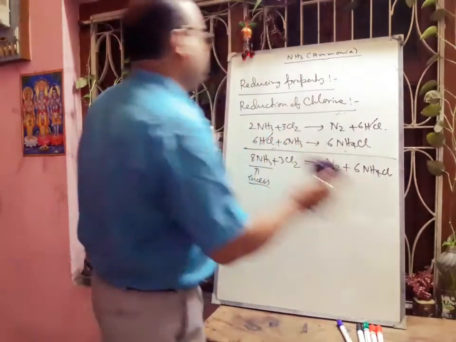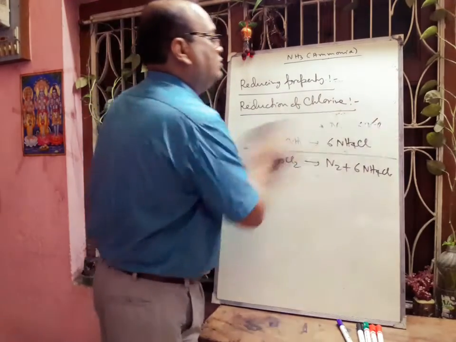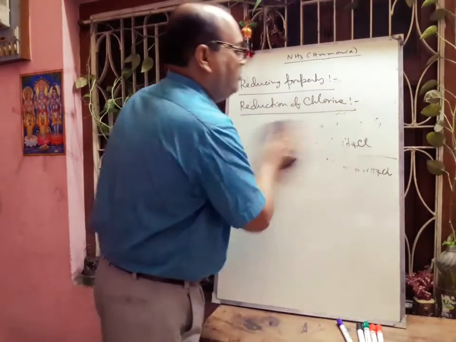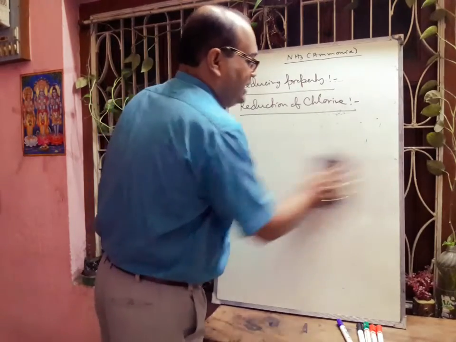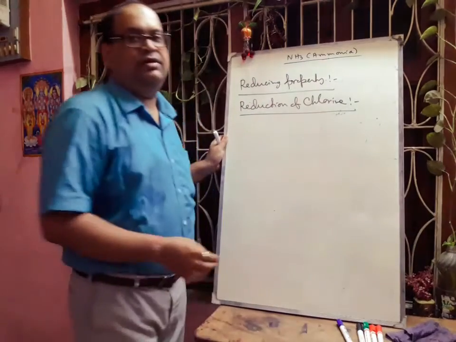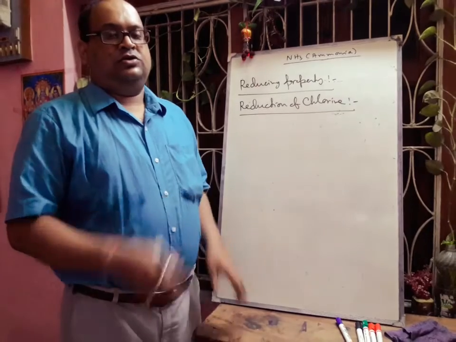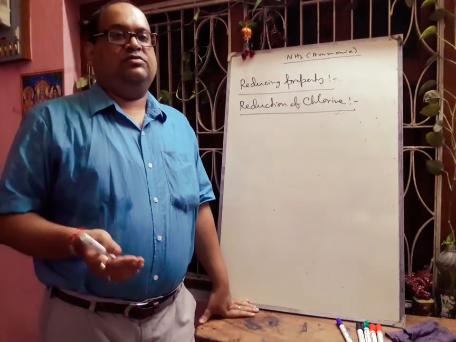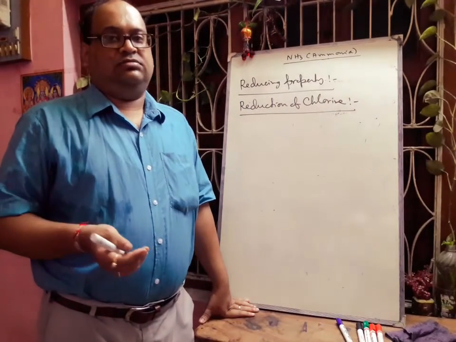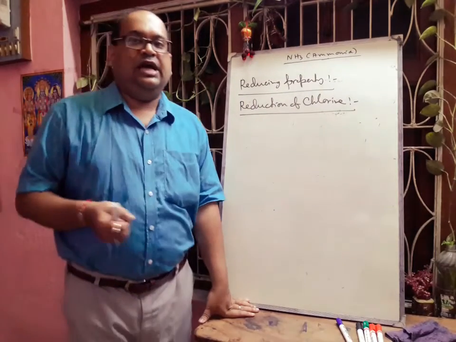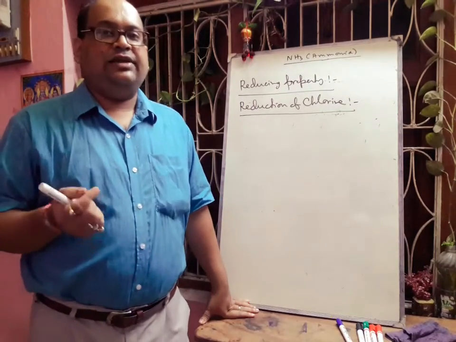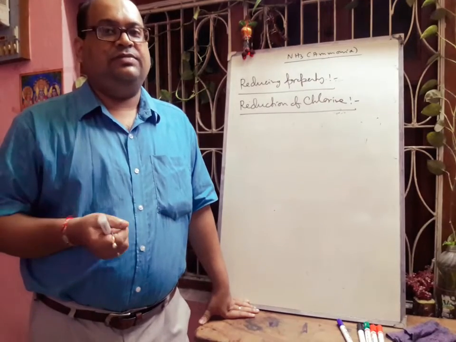Next we will discuss the case where we will use less amount of ammonia gas and chlorine will be in excess. Okay, so ammonia reacts with excess chlorine, that will form a yellow color liquid, and this yellow liquid is nitrogen trichloride, that is explosive in nature.